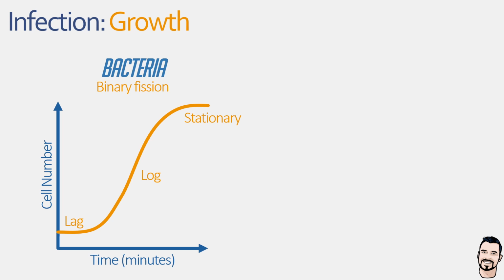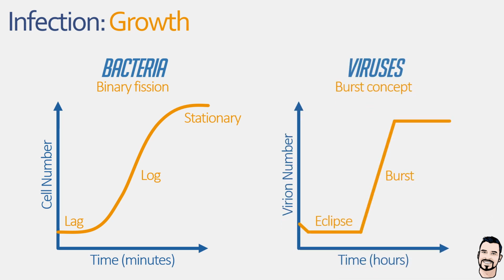For viruses, growth is through the burst concept, which involves entry into host cells, replication of viral components using the host cellular machinery, and release of new particles, often through cell lysis. Regardless of the mechanism, the goal here is to rapidly increase the number of pathogens within the host, completing the process of infection within the host.